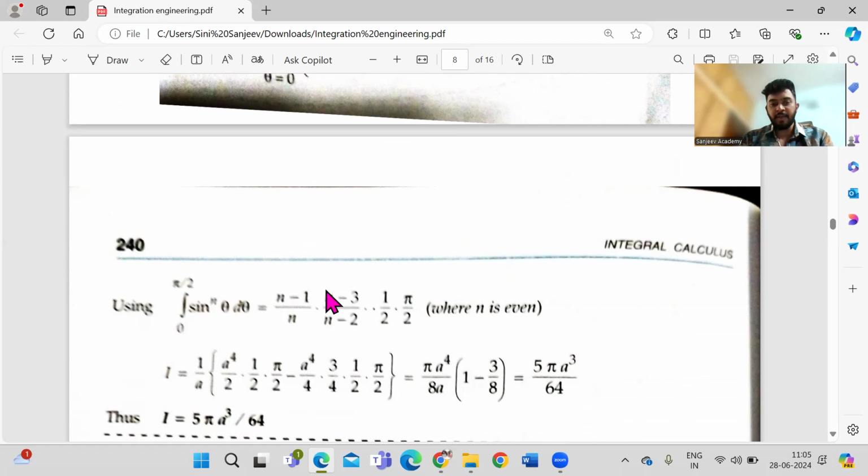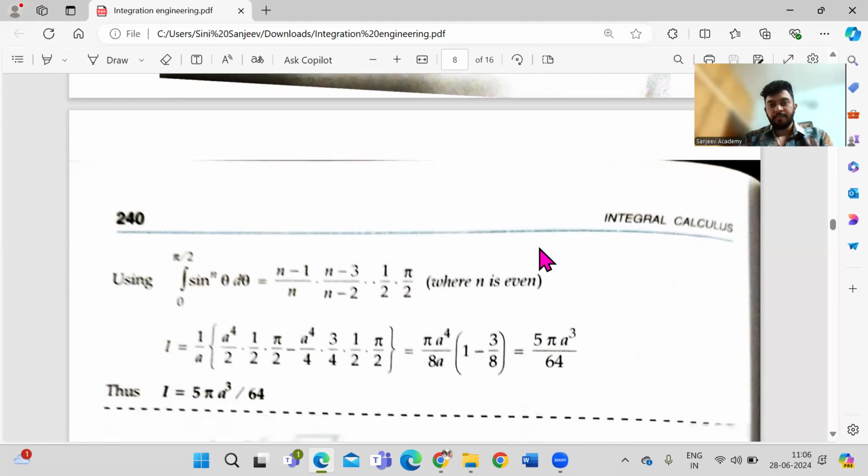So 4 minus 1 by 4, that is 3 by 4. And then 1 by 2, in the sense 4 minus 3 is 1 and 4 minus 2 is 2. So that is up to 1 by 2 into pi by 2. This is what I have to do. Then I have to solve it to get the required answer. So this much we have to do first.